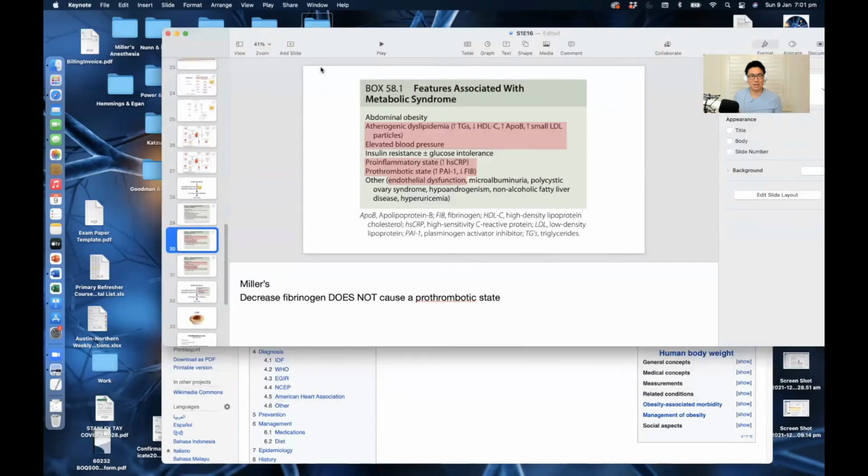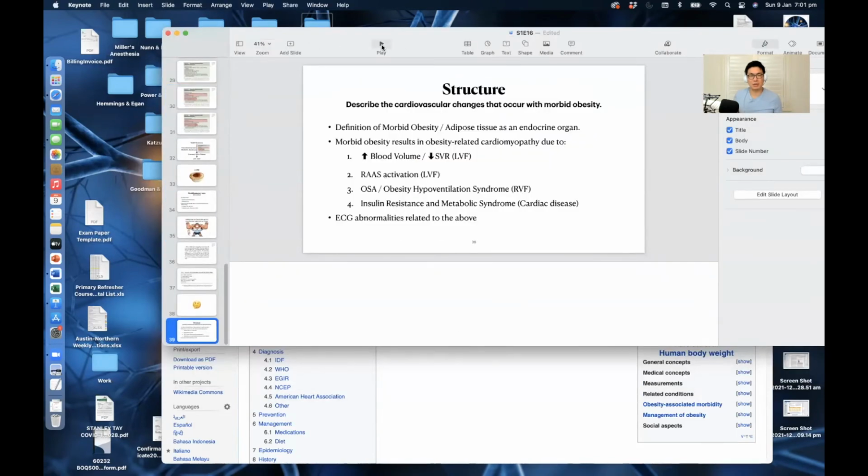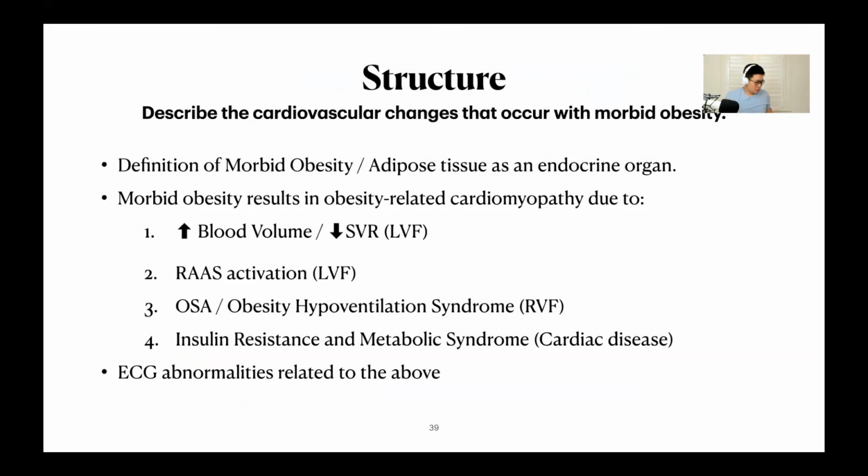Okay, I'll just show you my structure on how I'm going to write my answer. I'm going to have a definition of morbid obesity, and the statement that adipose tissue is an endocrine organ. Then in my sections: first, morbid obesity results in obesity-related cardiomyopathy due to an increase in blood volume or reduction in systemic vascular resistance. Secondly, renin, angiotensin, aldosterone and sympathetic nervous system activation.